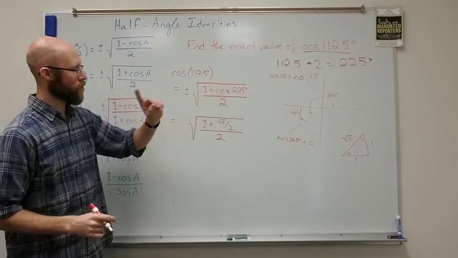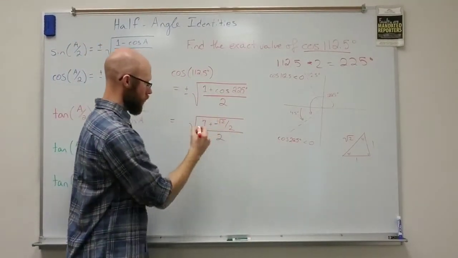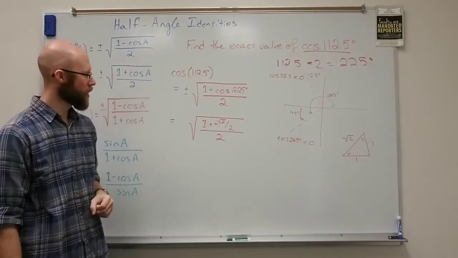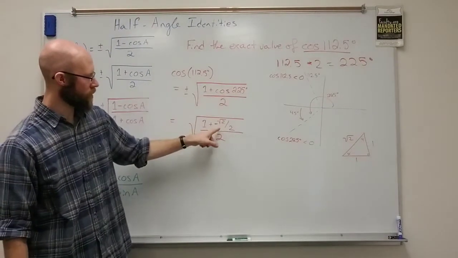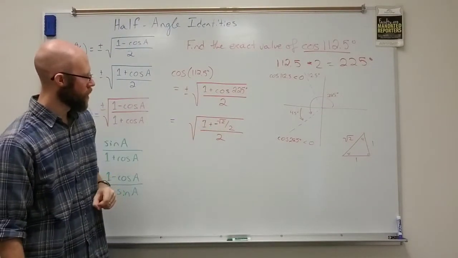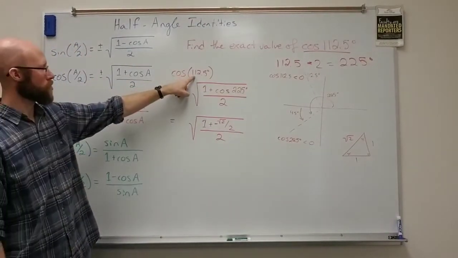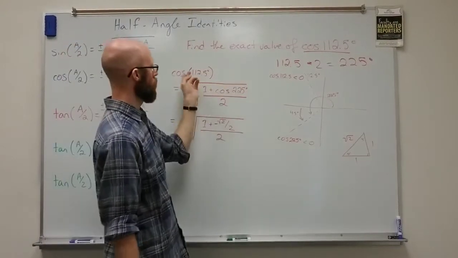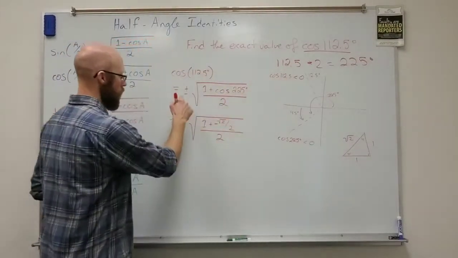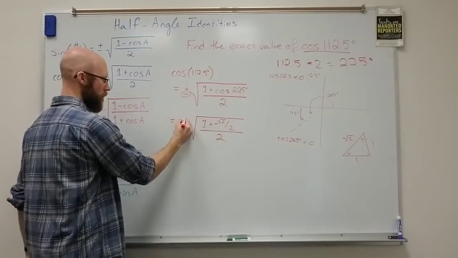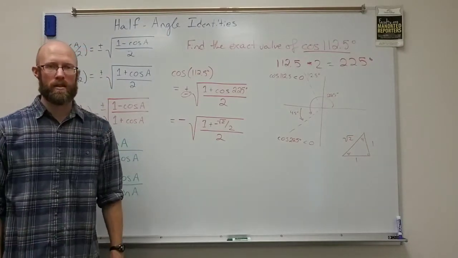Oh, but it's negative, so I need a negative in there. Sorry, I missed that. So cosine 225 is negative root 2 over 2. And because the cosine of 112.5 is negative, I want to select the negative value, so we'll ignore the positive there.